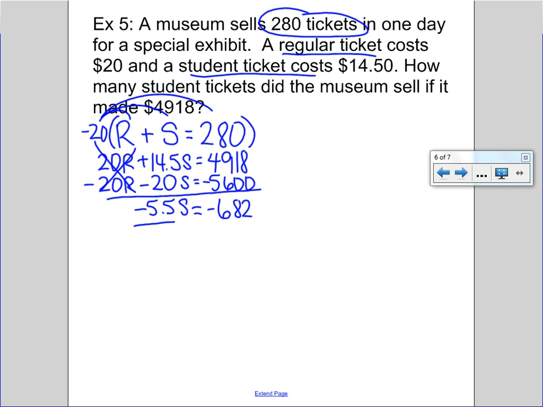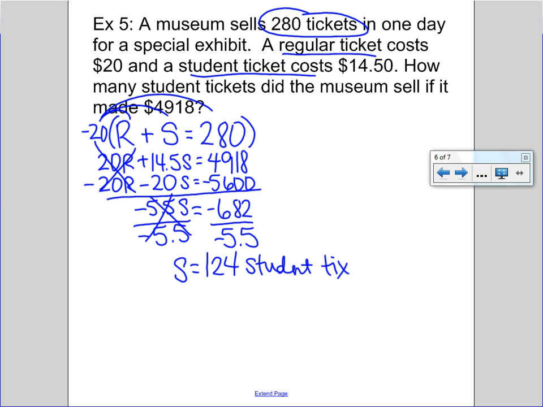To get S by itself, I'm going to divide by a negative 5.5 on both sides. Cancels. So I'm left with S equals negative 682 divided by negative 5.5. So I get 124, and S represents student tickets. So it wants to know how many student tickets the museum sold. Well, we already found that, so we don't even have to plug it back in.